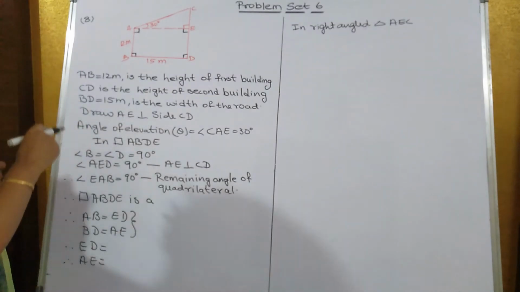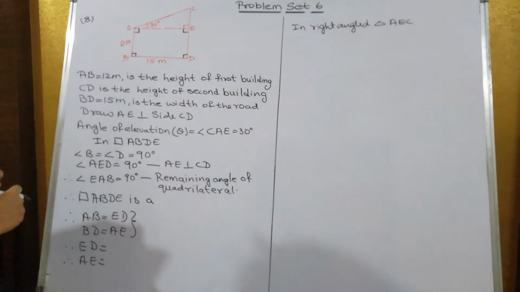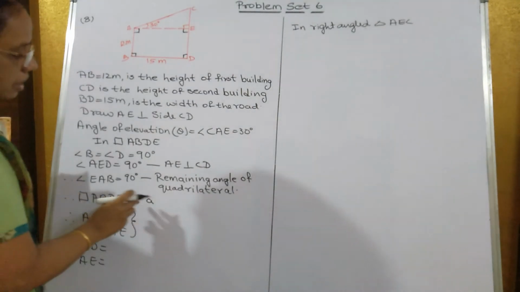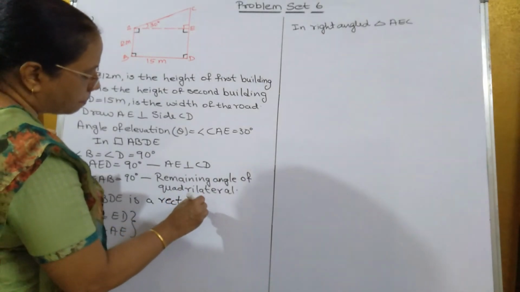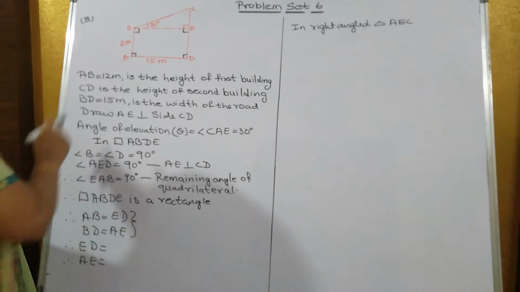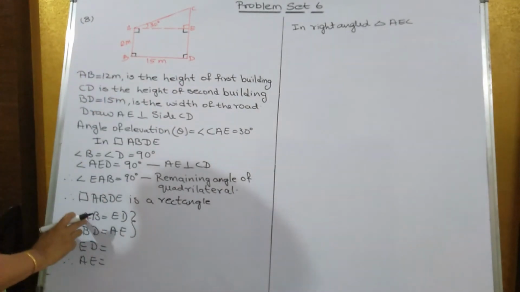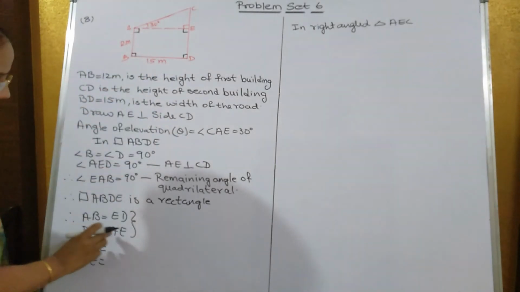Since all the angles of quadrilateral ABDE are right angles, therefore quadrilateral ABDE is a rectangle. Since it is a rectangle, opposite sides will be equal. So AB is equal to ED, and BD is equal to AE.